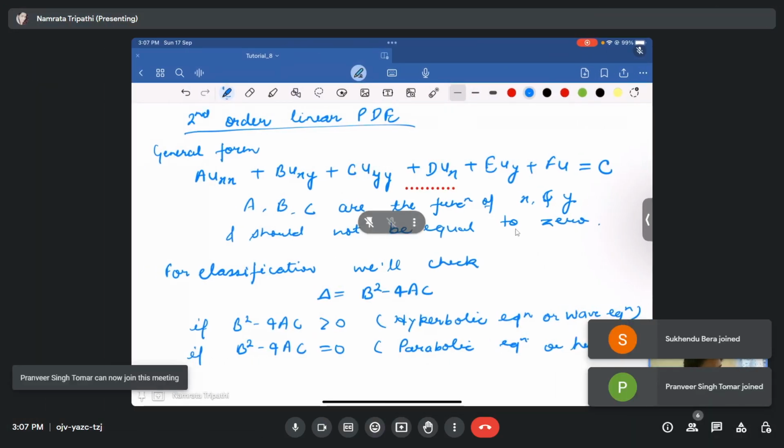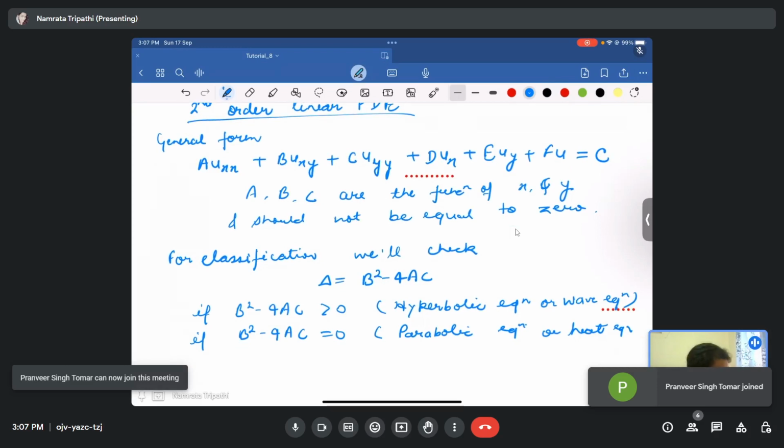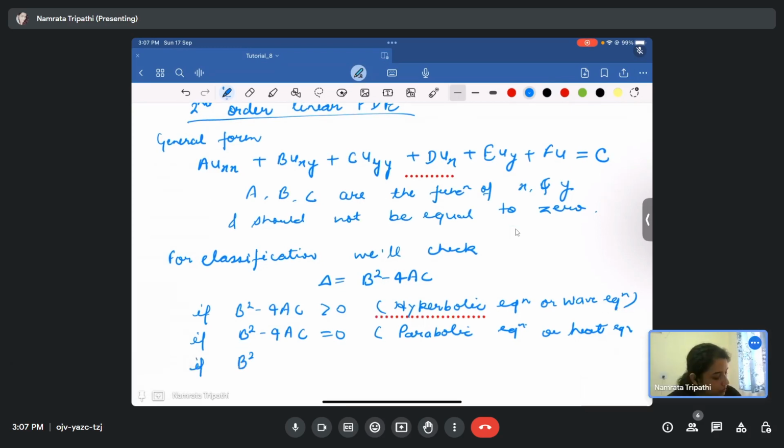So I'm just telling the classification for second order partial differential equation. If b square minus 4ac is greater than 0, then we'll say the equation is hyperbolic. If equal to 0, in this case, we will say the equation is parabolic, and if less than 0, then we will say our equation is elliptic equation or Laplace equation.